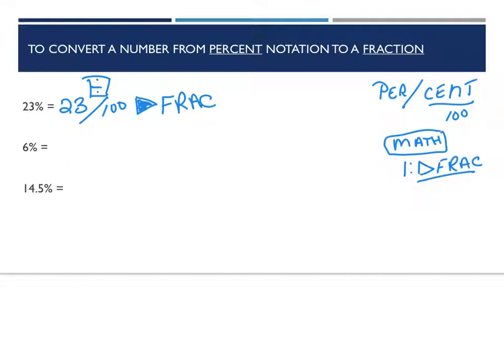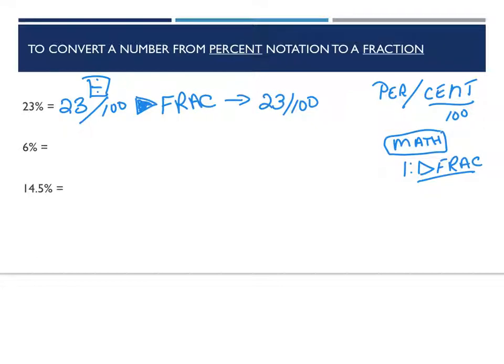When I hit enter again, the calculator gives me back 23 over 100. That's because 23 over 100 doesn't actually reduce. So you're not going to get any big fussing for typing in a fraction that doesn't reduce. It just gives you your answer back.